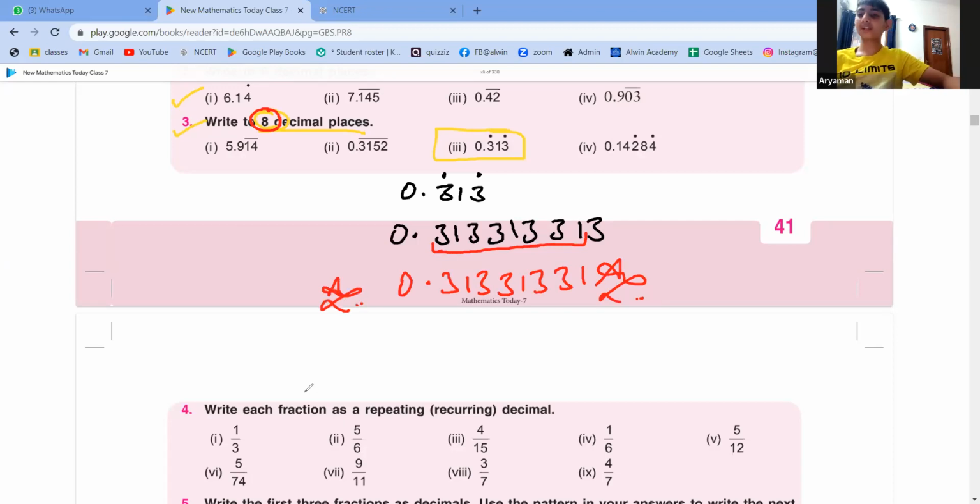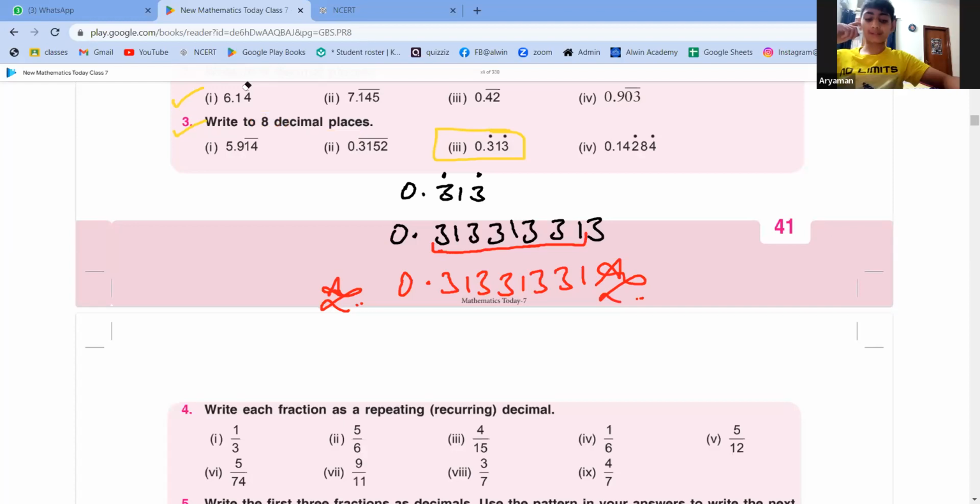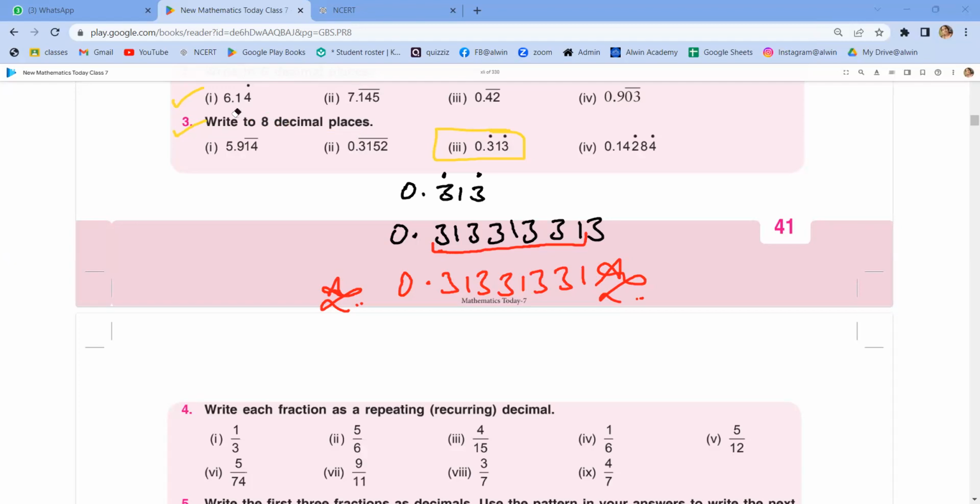I thought I had to write it 8 times. No, beta, that is not repeating it 8 times. That is 8 decimal places only. Yeah, but I did it, ma'am. So, is it correct, ma'am, or incorrect? For in the second question you did that, no? You must have repeated it 6 times, है ना? कोई बात नहीं, उसमें से only put the box. जैसे I have only selected the correct one, no?